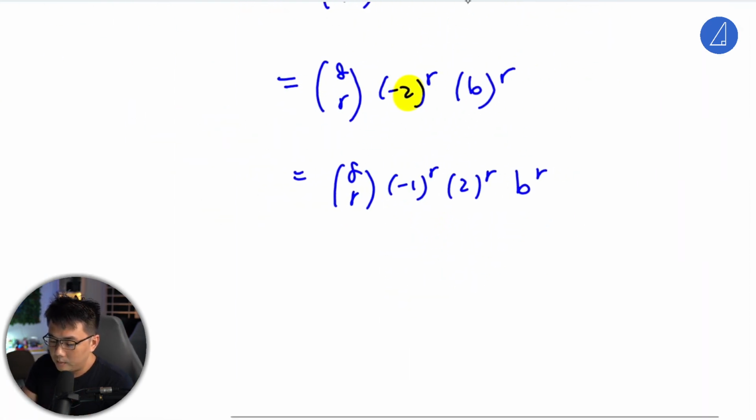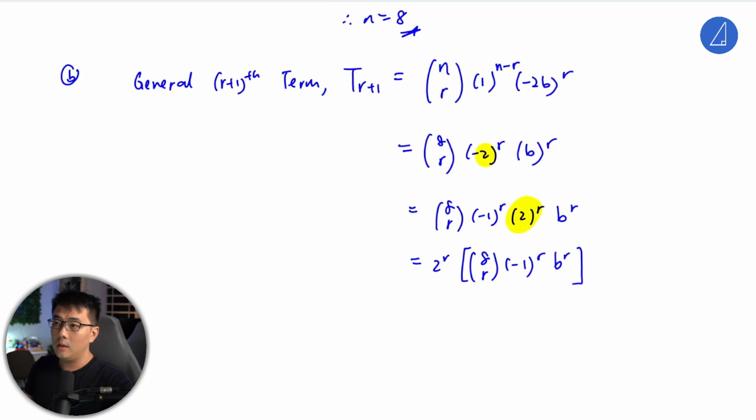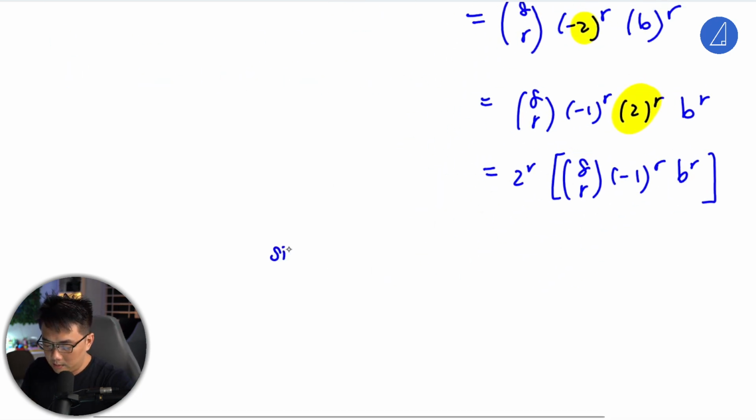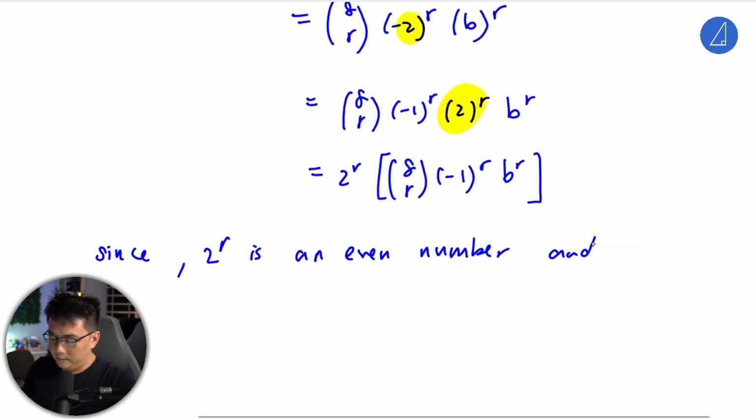This is our key. We don't really care what number holds behind, but what we know is that any number multiplied by 2 will be an even number. So write down: since 2^r is an even number, and the multiplication between an even number and another number is always even.